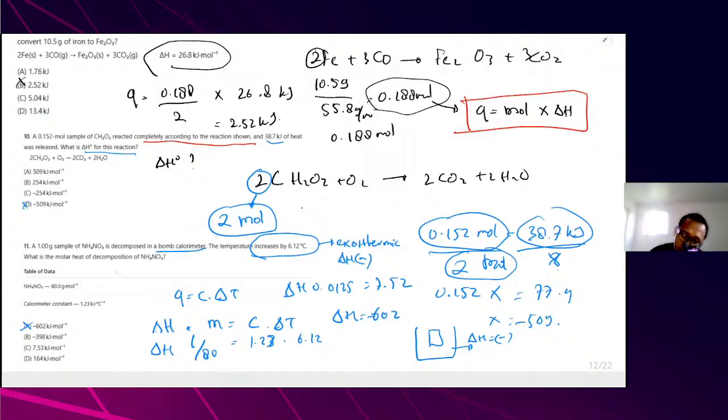Just remember the equation: delta H equals m c delta T. Remember this one.